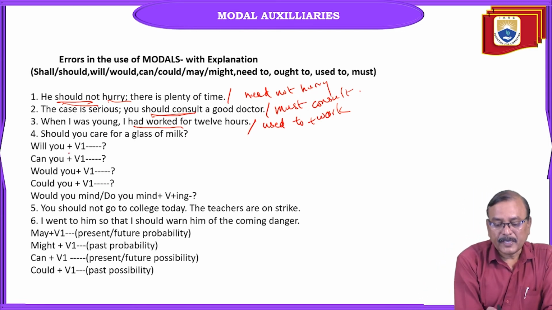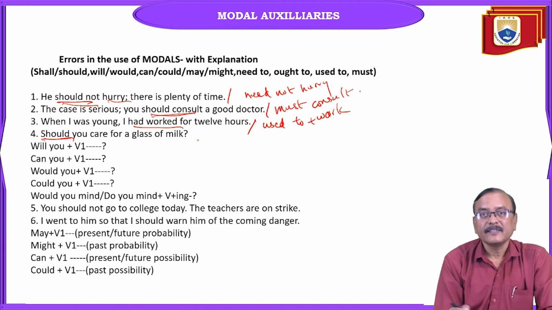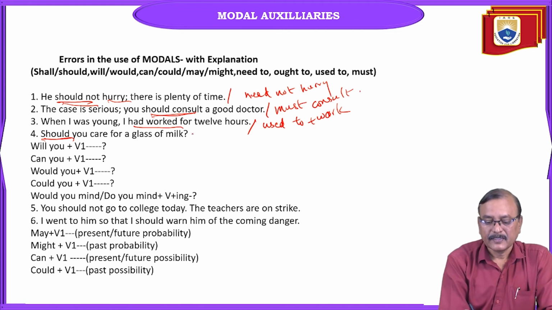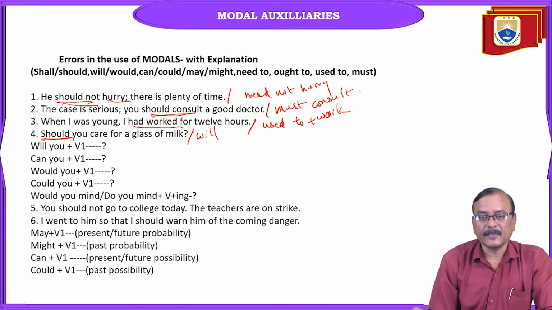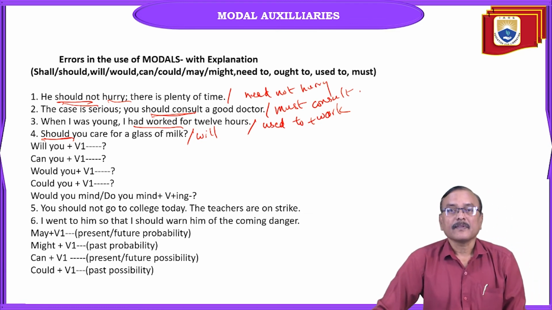Next, "Should you care for a glass of milk?" Should you care for a glass of milk? It means, can I take a glass of milk? So instead of should, you can use will: "Will you care for a glass of milk?" Okay.